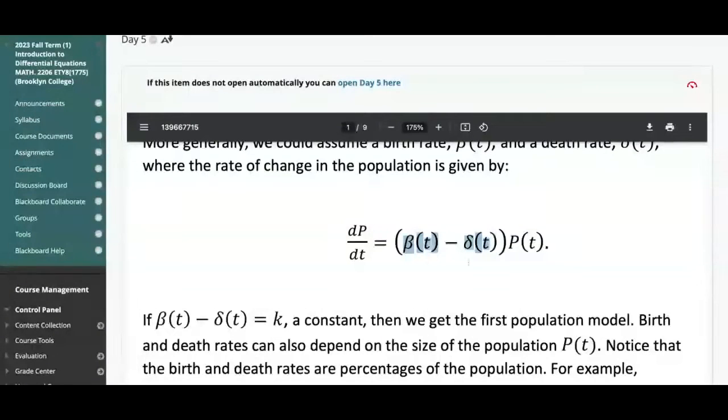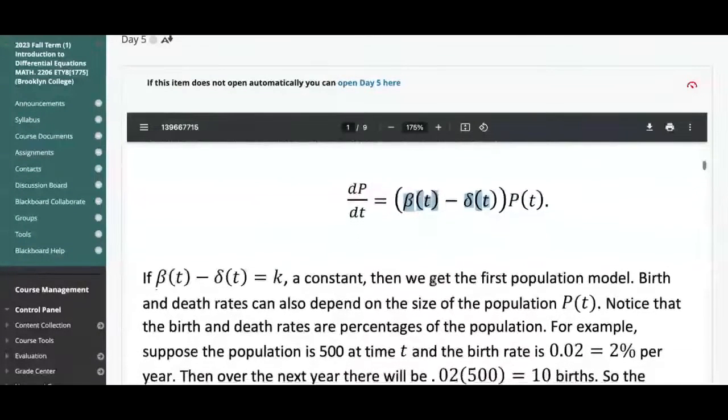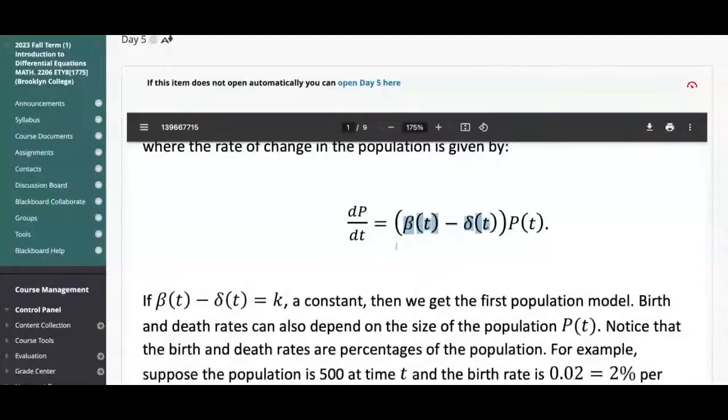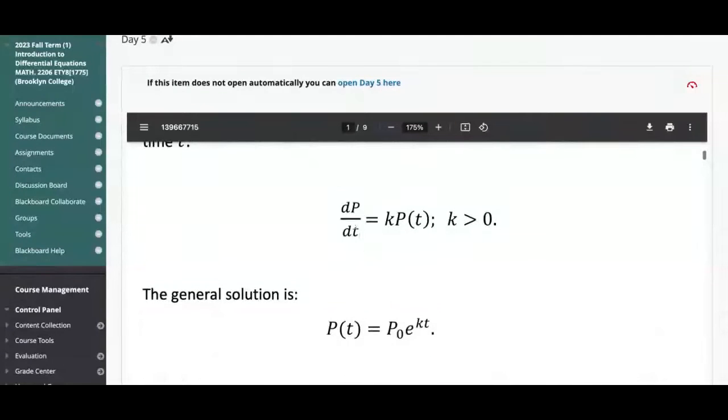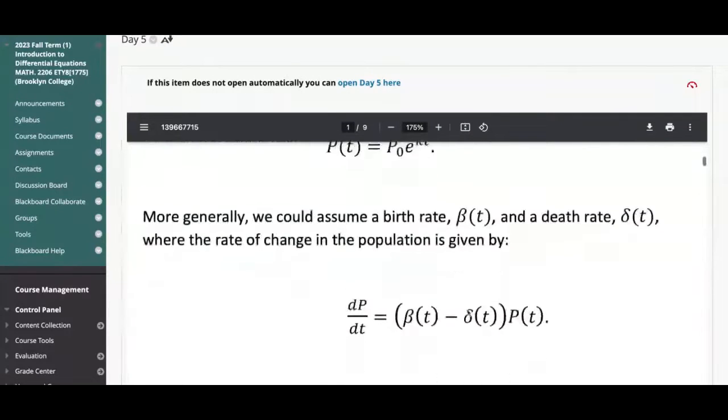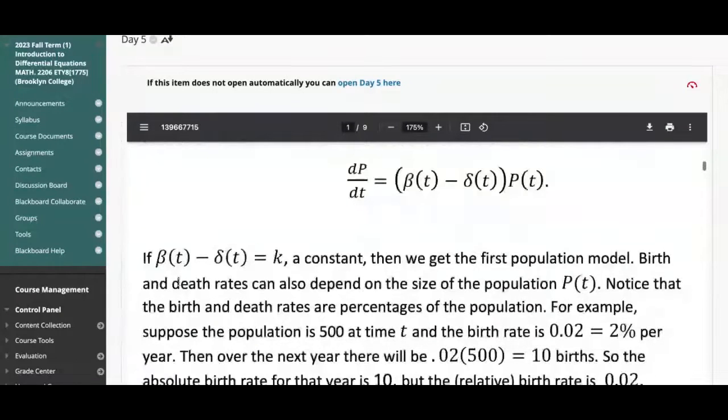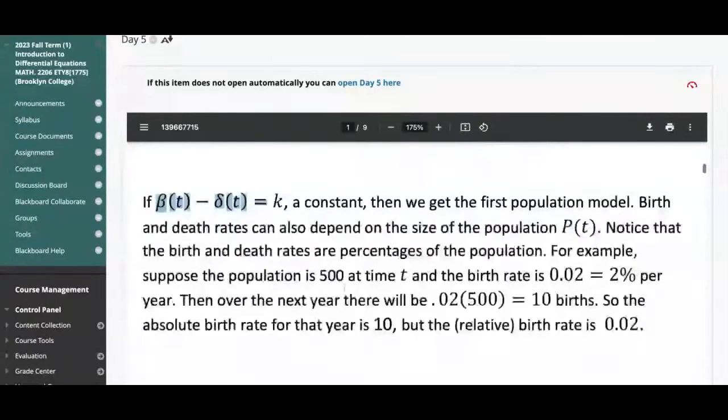Birth rate subtract the death rate. And if we compare this to the first one, k just equals birth rate minus death rate. So k is a constant, and we get the first population model.